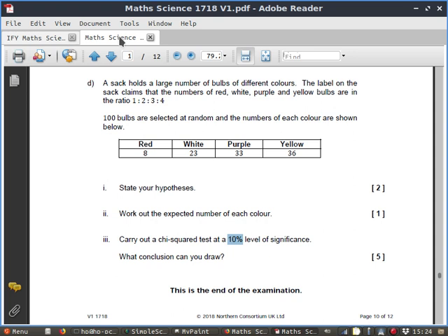Alright, we got this? No? What's the expected number of each colour? Is it the O and the E? The E is what they want, yeah. Okay. I got that one, so I got one more. It's easy, but how many marks? 5, 8 more? That's A and B. What's your hypothesis? The null hypothesis follows the ratio, and otherwise the alternative does not.